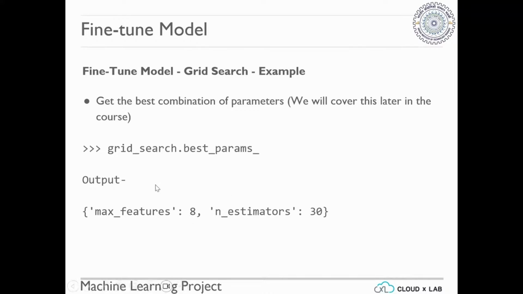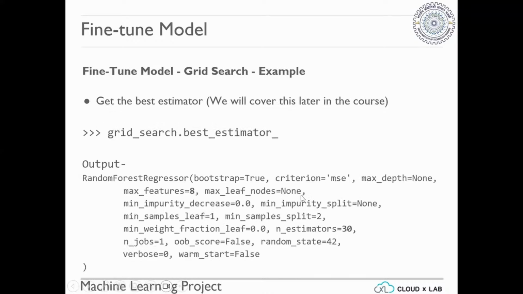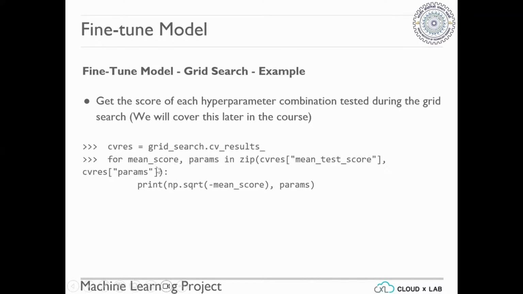But if you want to print the score for all values of hyperparameters, then you will use this code, right? Mean score, params in zip is a function. Then we will use cvres. So cvres is a variable that contains the output of grid search, right?